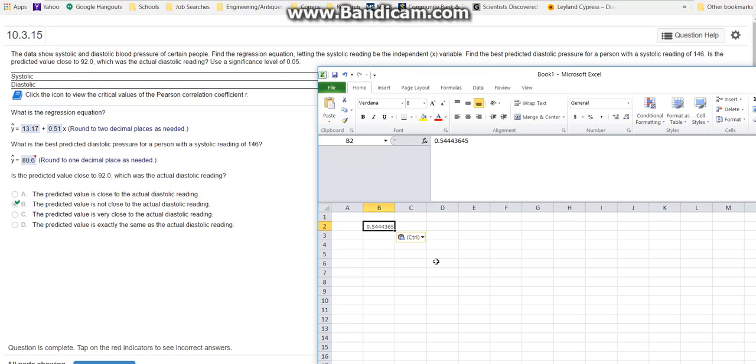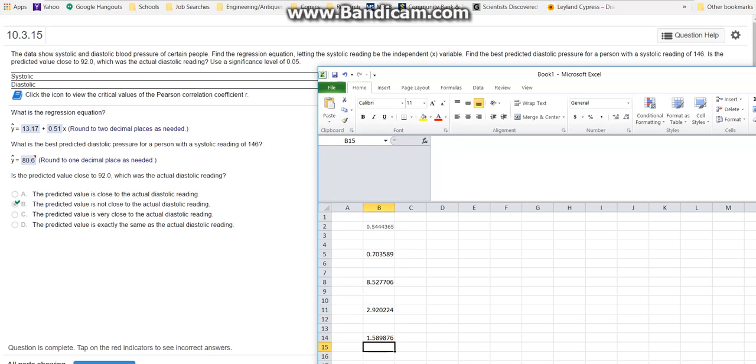So I'm going to take 1 minus r squared. And then I'm going to take 6 divided by 1 minus r squared. That gives us that. Then I'm going to take the square root of this result, and then multiply this result by r.